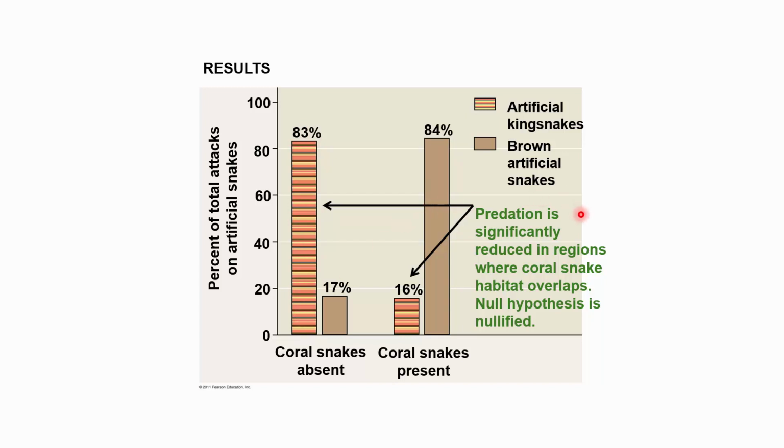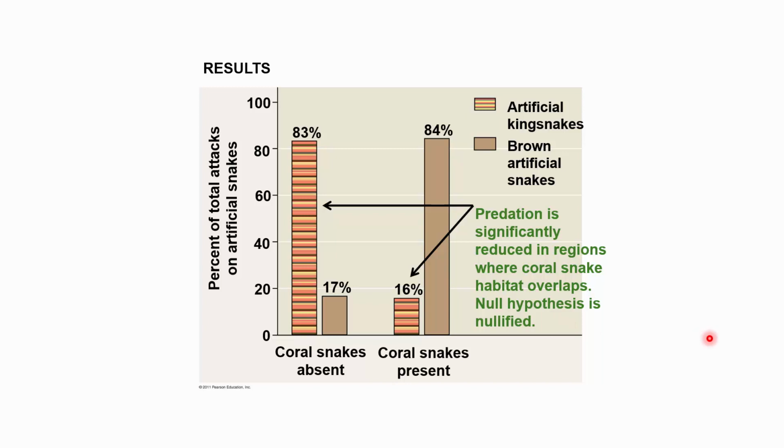So, predation is significantly reduced in regions where the coral snake habitat overlaps, and our null hypothesis that the coloring has nothing to do with predation is nullified. We have officially strongly confirmed that the coloration does potentially have something to do with predation.